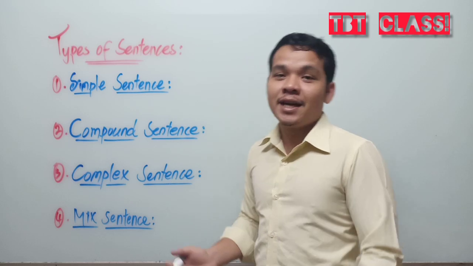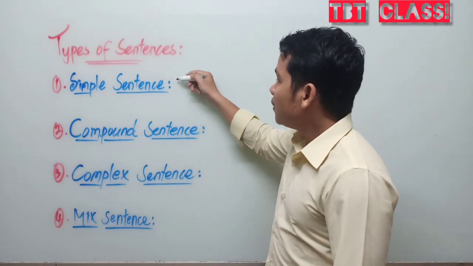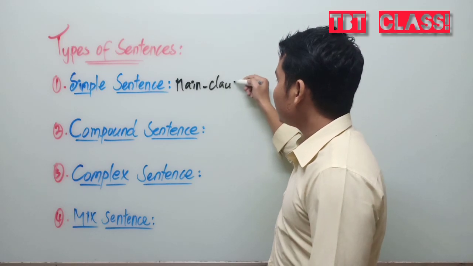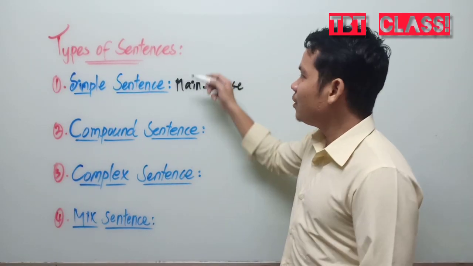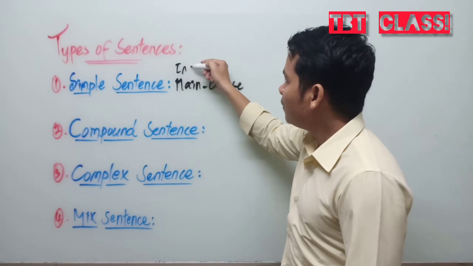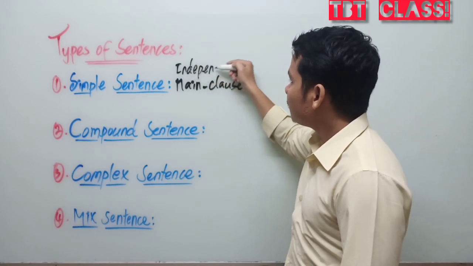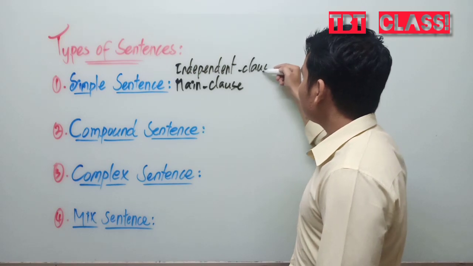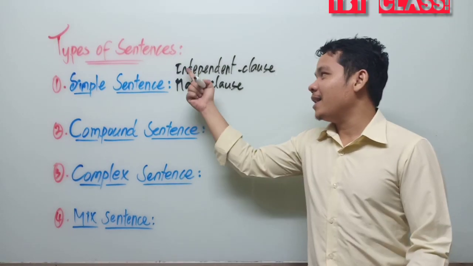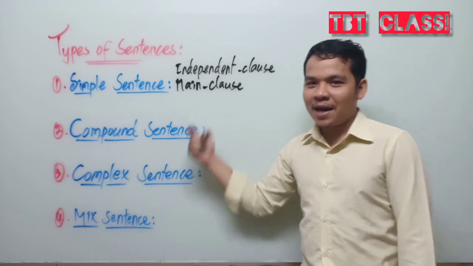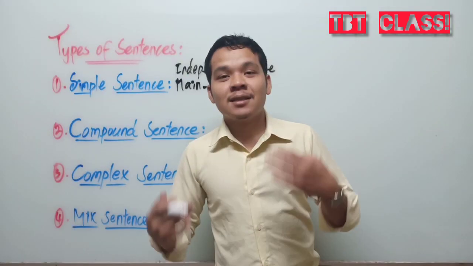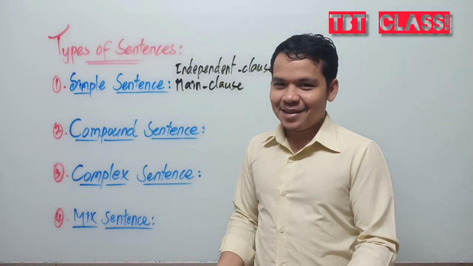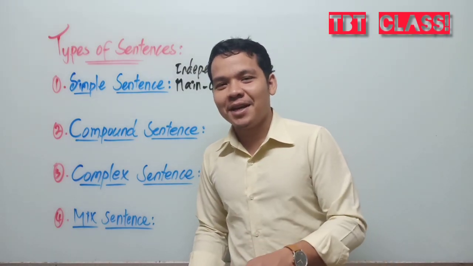Okay, a simple sentence we can call a main clause, or we can also call it an independent clause. So a simple sentence can be an independent clause, a main clause. And a simple sentence is a type of sentence that has only one clause with a single subject and predicate.